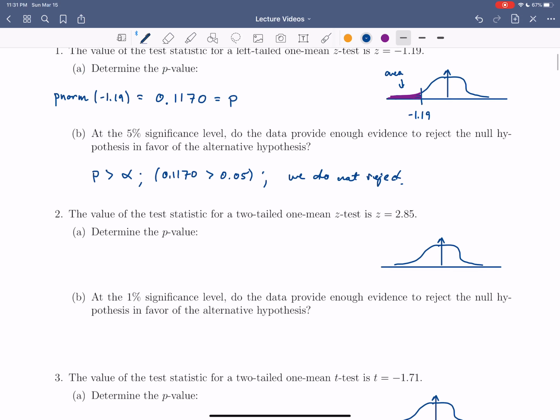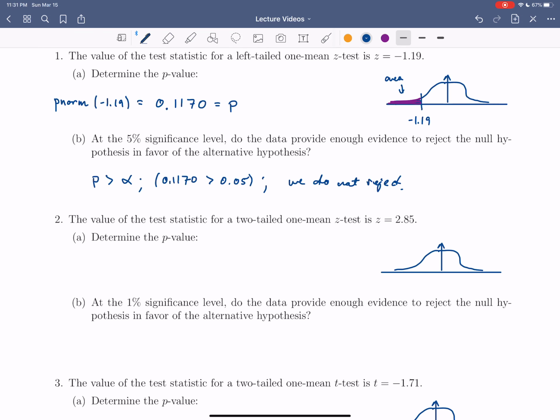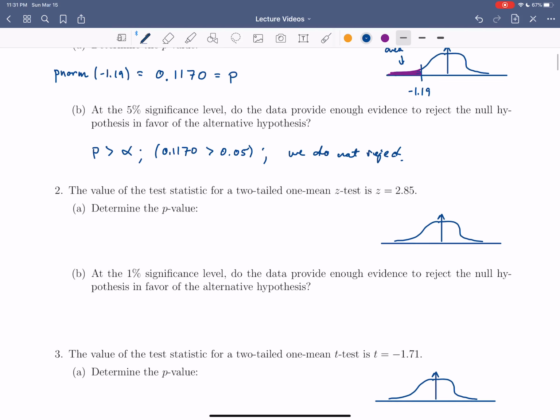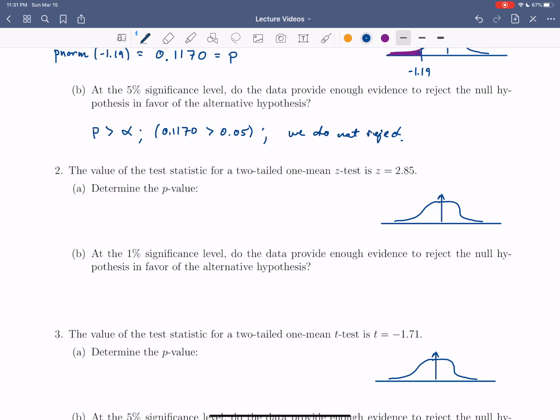And that's it. So next, number 2, we're going to look at a two-tailed z-test where z is 2.85. 2.85 is a positive value, so that's over here. And what we're going to do is look at the probability that a random sample is at least as extreme as our data. So we're going to look at that area.